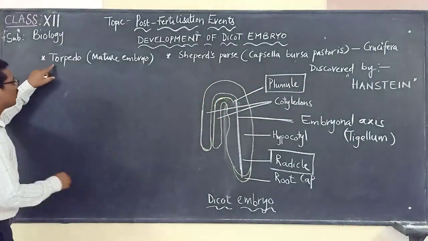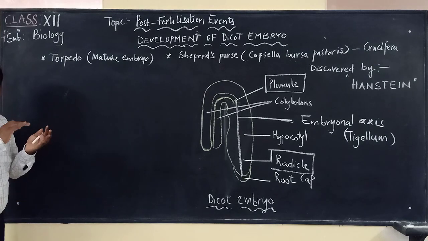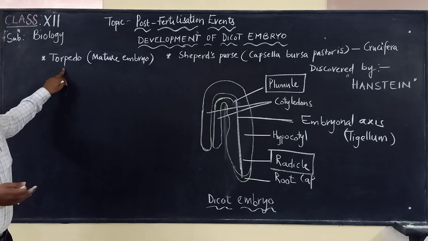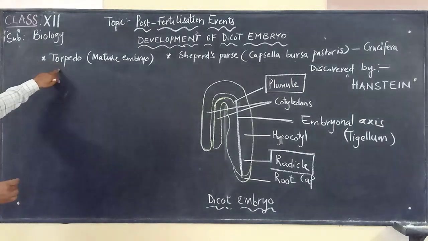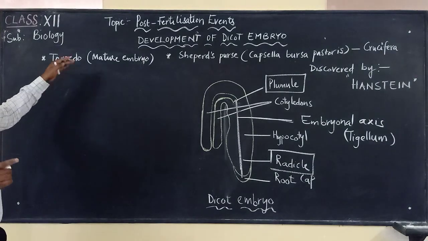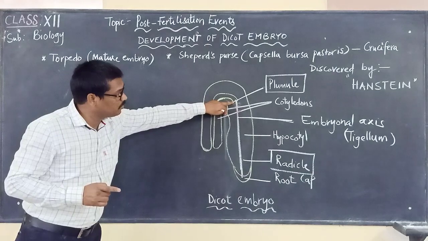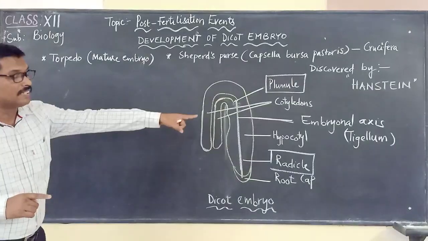So we came across one word, torpedo. Torpedo means that when a mature embryo is in a curved shape, we call it torpedo. At the same time, the embryonal axis, the axis present between the plumule and the radicle, is also called tigellum.